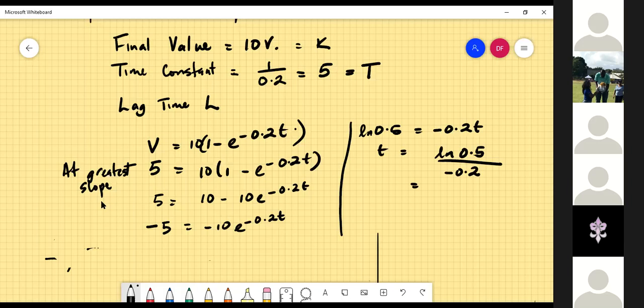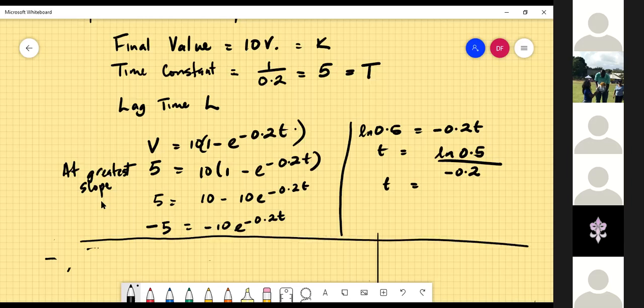Somebody can record that. Calculate. 3.47.